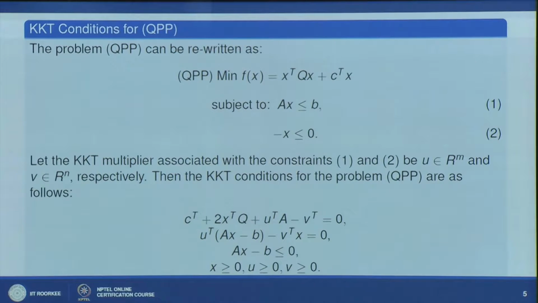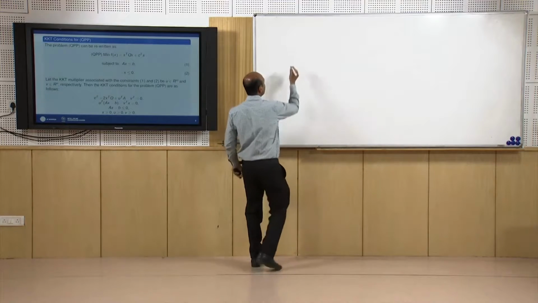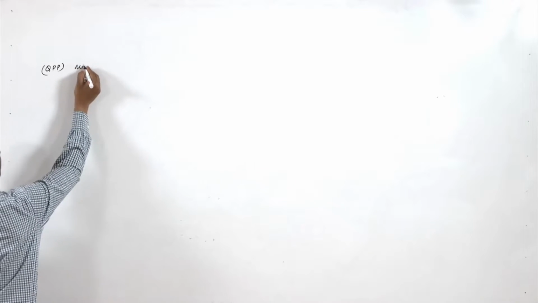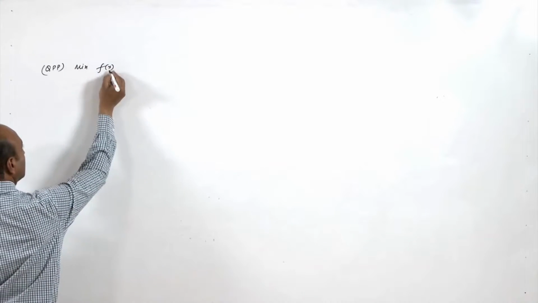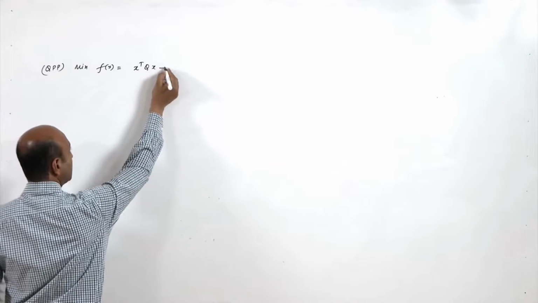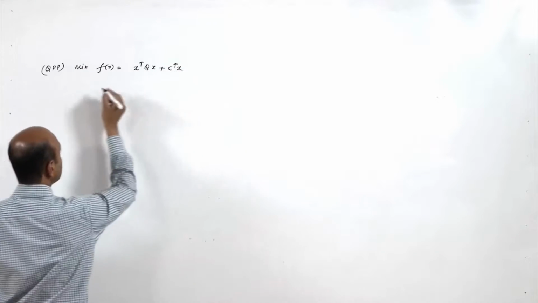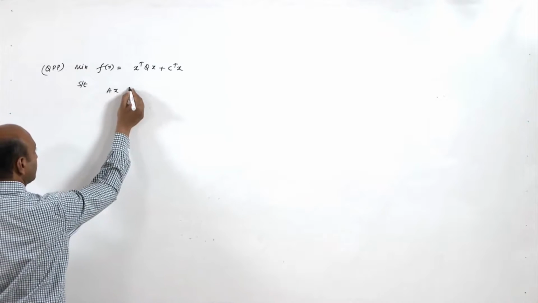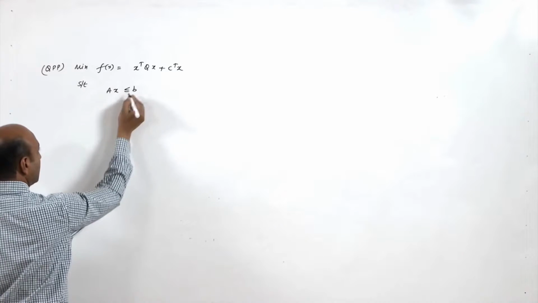So, we will write the KKT conditions for QPP. Okay. So, what was our QPP? QPP was minimizing f(x) equal to x transpose Qx plus c transpose x subject to Ax less than or equal to b and x non-negative.